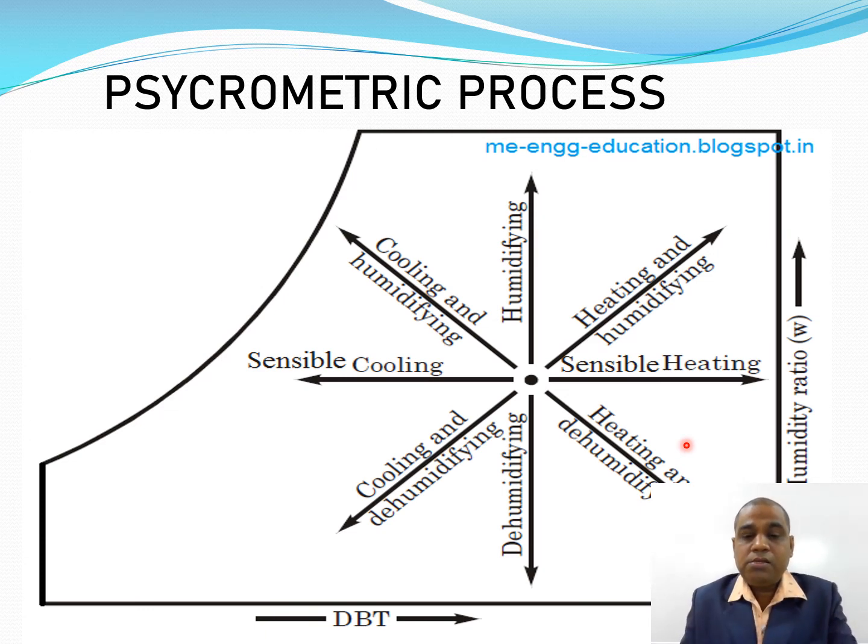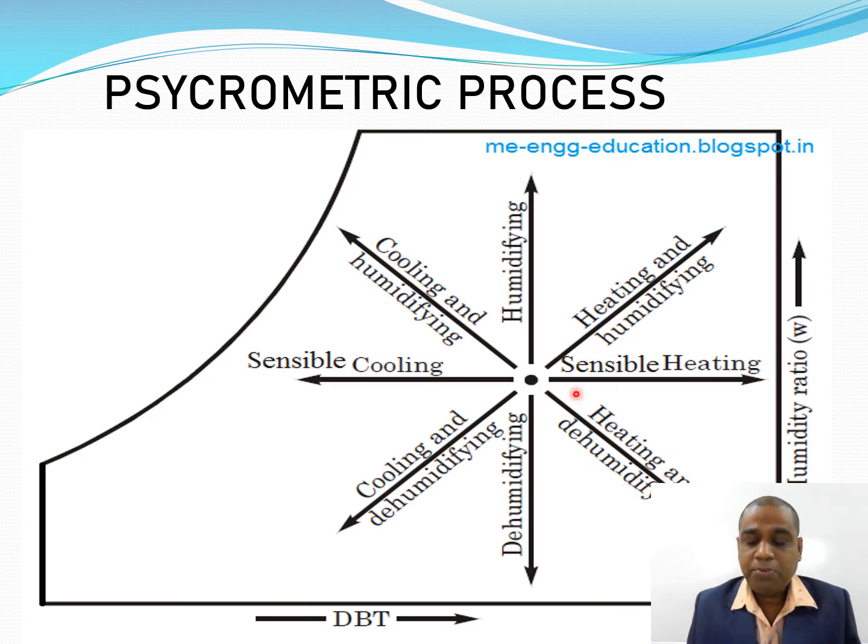In the southeast direction, the sloped line indicates the heating and dehumidification. In this process, one heating coil is used to increase the dry bulb temperature, and one dehumidifier is used.